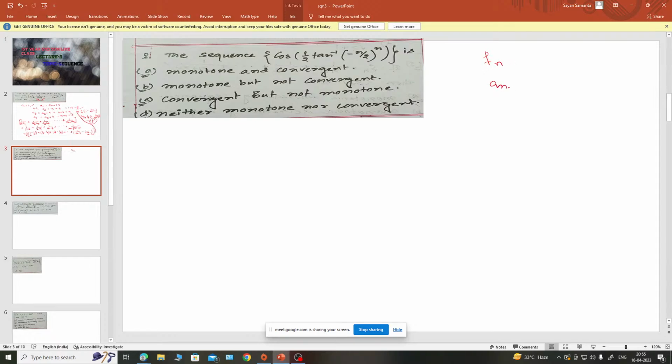If an is any sequence, if a(n plus 1) is greater than an, then it's called a monotone increasing sequence. If a(n plus 1) is less than an, then it's called a monotone decreasing sequence. If either exists, then it's called monotone. Monotone means increasing or decreasing. If a sequence is increasing or decreasing, then we can say that it is monotone. Is it clear?